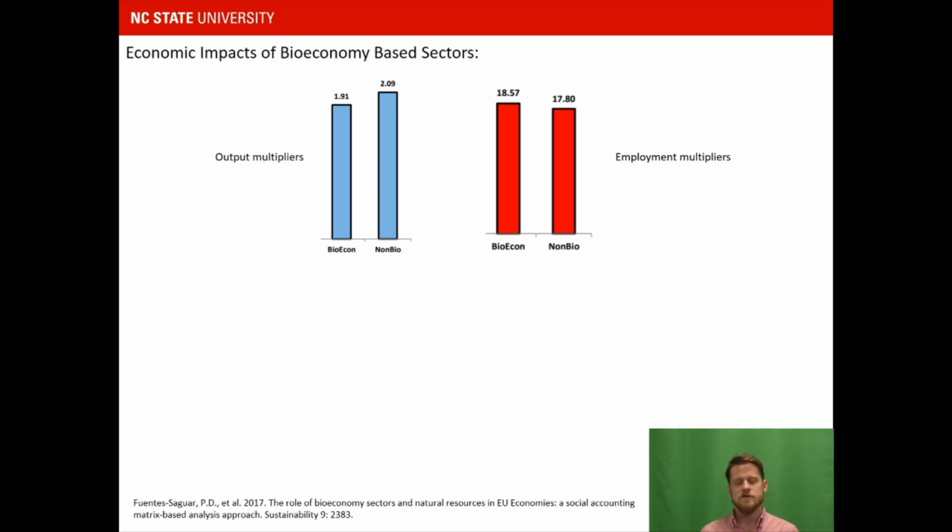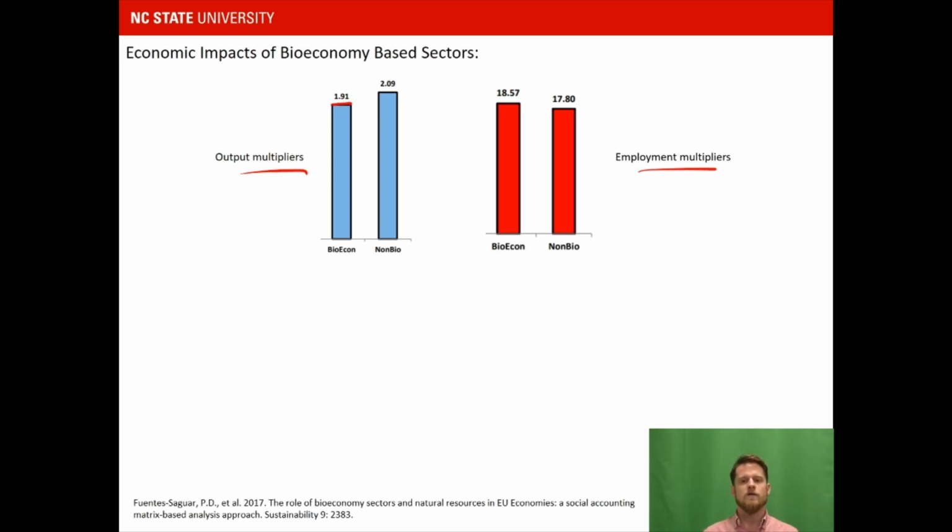So to further illustrate this, I want to talk about bioeconomy-based sectors, right? And we're going to look at the overall value of output they create over here, as well as employment multipliers. So when we look at the bioeconomy, its output multiplier is right up here at 1.91.